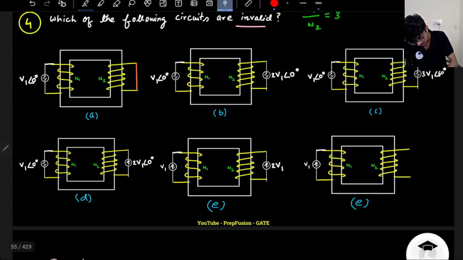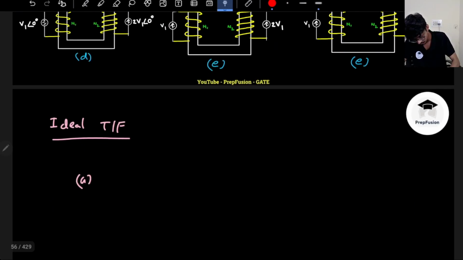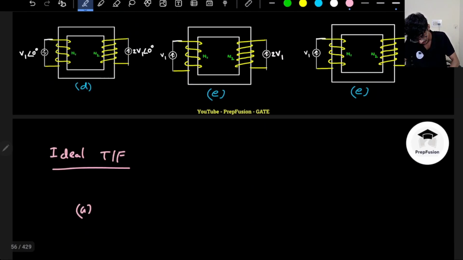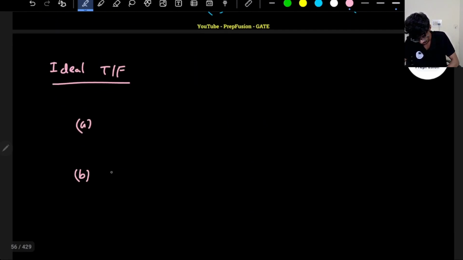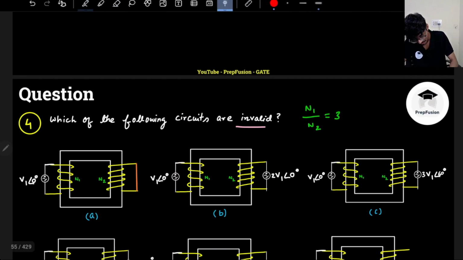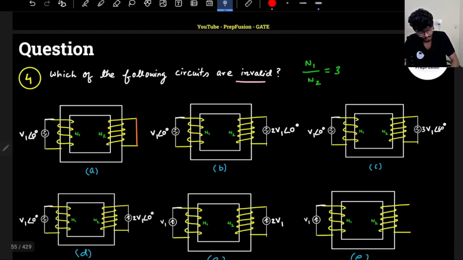Circuit B. Here I am applying two voltage sources, one at the primary and one at the secondary. If I find the ratio of the induced voltages, E2 upon E1 must be equal to N2 upon N1. They have given N2 upon N1 as 1 by 3, or N1 by N2 is 3.